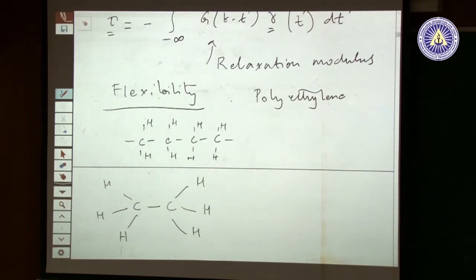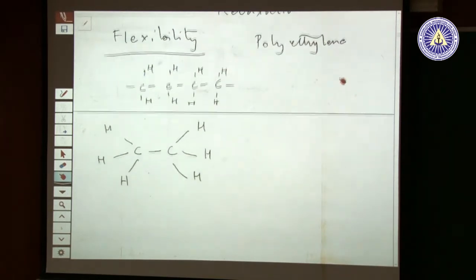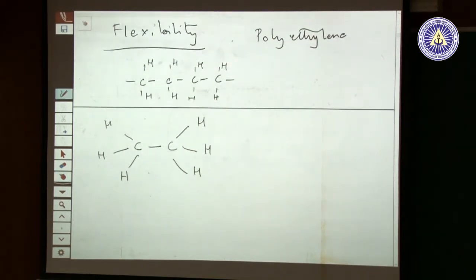So, how a polyethylene molecule is constructed is you remove 1 hydrogen atom from each of these carbons and add another of these ethane molecules. So, that is how you build it.